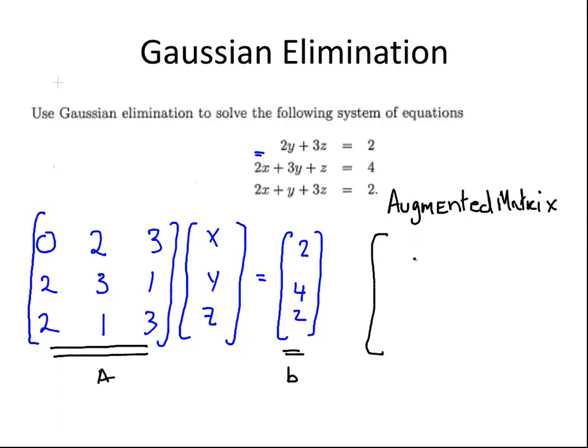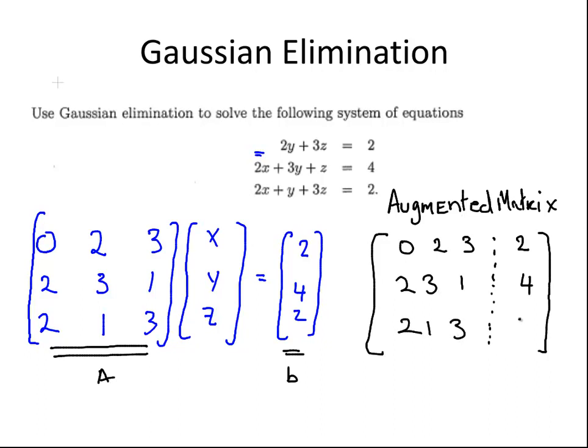So let's write it out. 0, 2, 3. We put a partition of dots down the middle of it just to emphasize its construction. 2, 3, 1, 4, 2, 1, 3, and 2. So that's the augmented matrix there, and we're going to use that in our Gaussian elimination calculations.